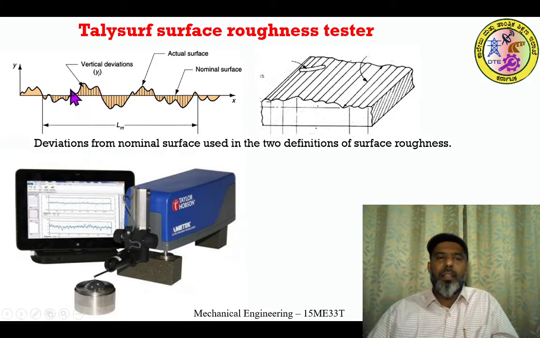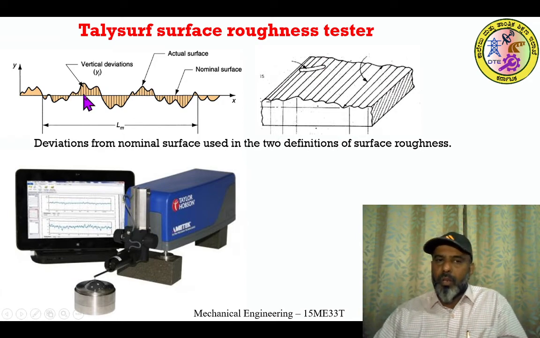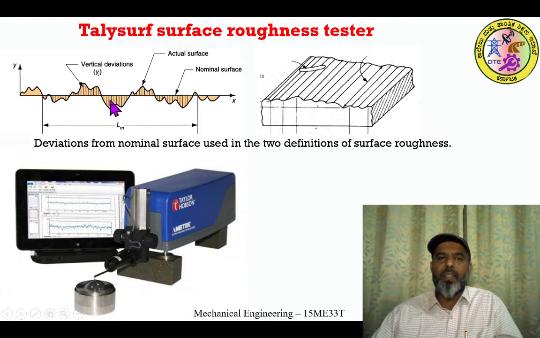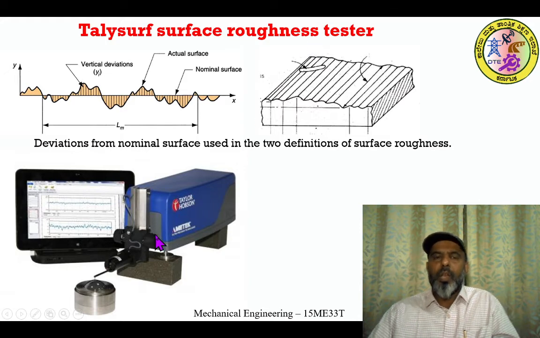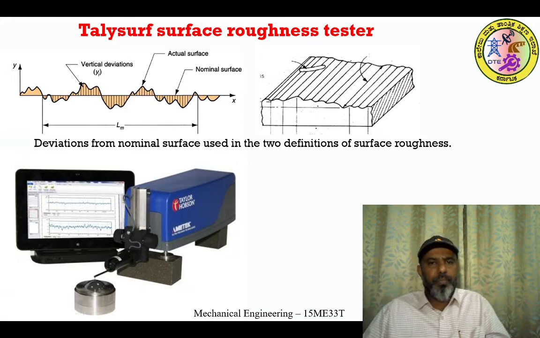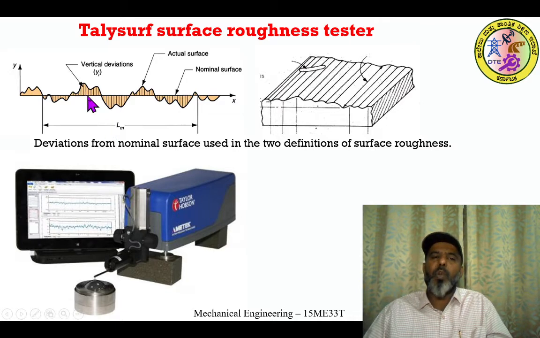And here, any vertical deviation from the x-axis is called the surface roughness. Now, in case of raw material, these vertical deviations from the nominal surface are very high.